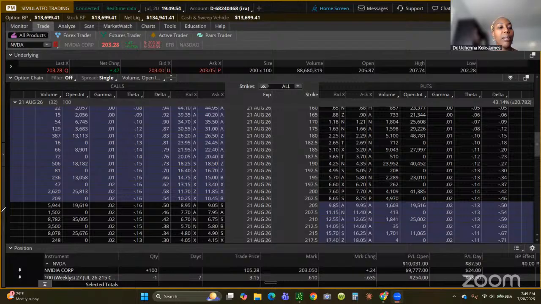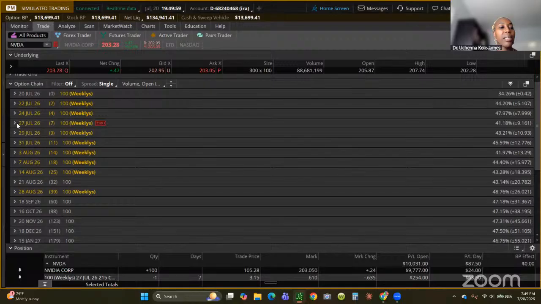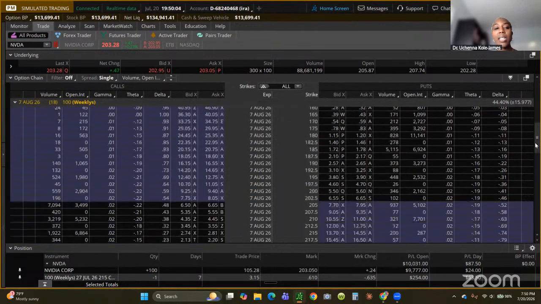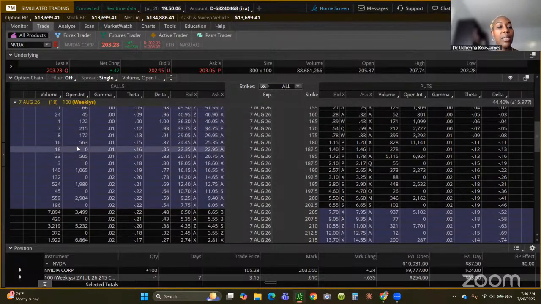So let's see if we can change our expiration and see what that does to our option. Let's say August 7th, which is 18 days out. Are these still liquid? Yeah. I only have $1,000, so check this out. This 200 strike call expiring August 7th, if I wanted to be a buyer, is going to cost me $940.